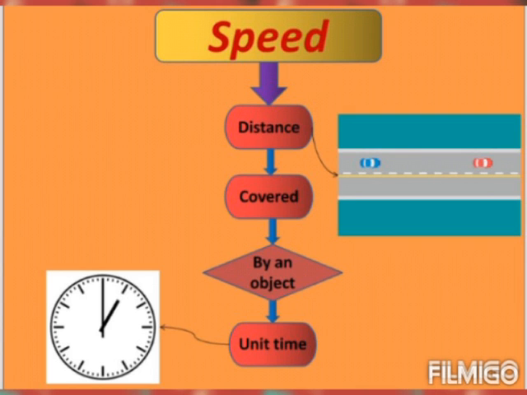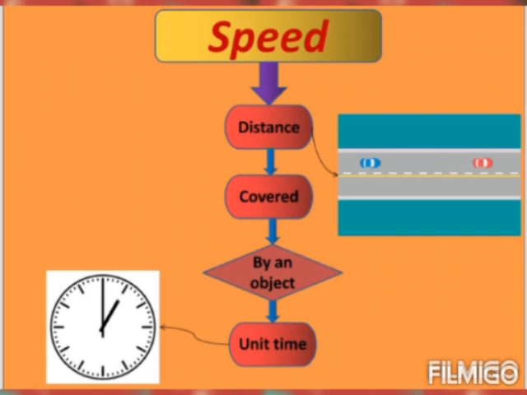Okay students, the first question in our mind is, what is speed? Let's start this topic from a simple and small example. You have seen a picture: there are two cars, the first is red and the other is blue. Both cars cover a distance, so we can easily differentiate which one is faster.